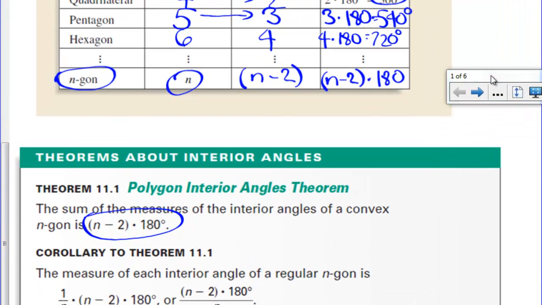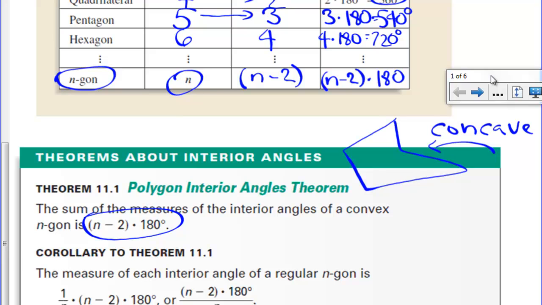And just remember or remind you, convex is a shape where there are no dents, if you will, inside the shape. So for example, this is concave because there's a dent. So if there are no dents inside the polygon, it's going to be convex.